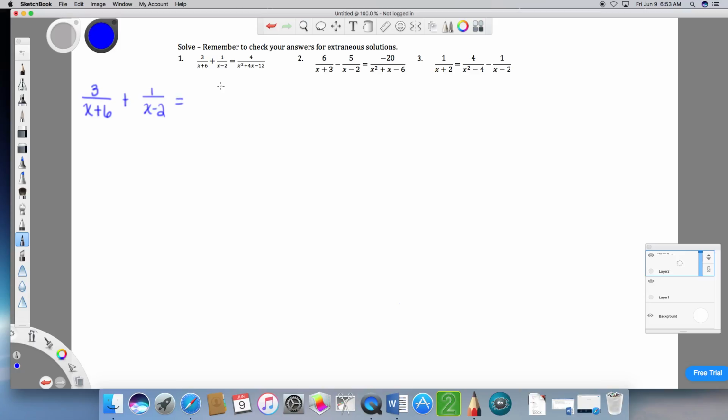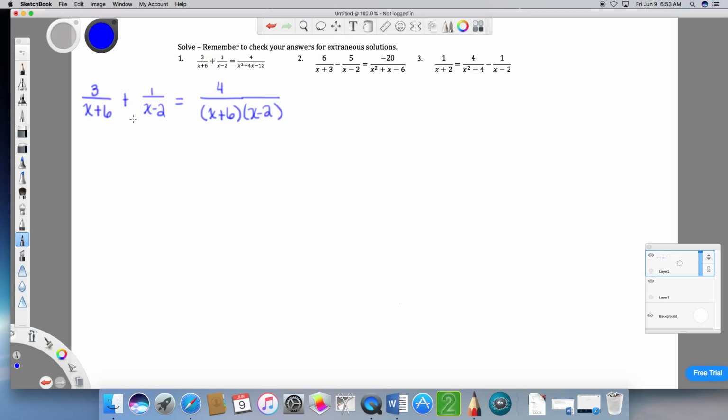And on the right-hand side, we can factor this denominator to x plus 6 times x minus 2, because we needed two numbers that multiply together to give us negative 12, but add together to give us positive 4. So now we look to get a common denominator in each term.